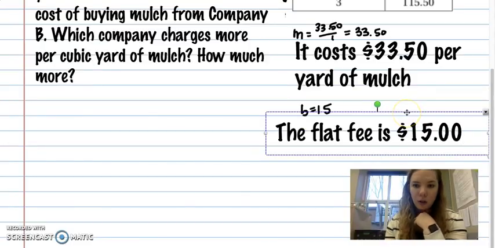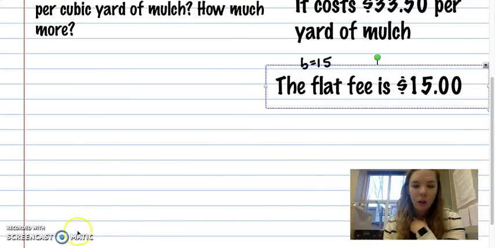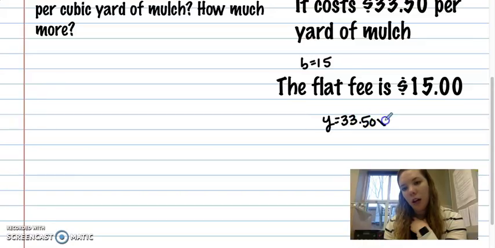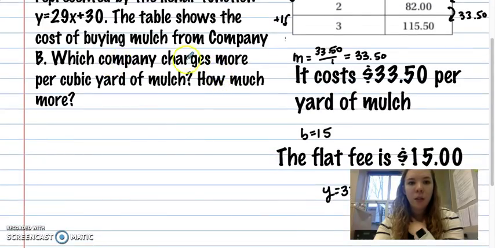So this equation would be y equals 33.50 x plus 15. Okay, then let's make sure we're answering our question. So it says, which company charges more per cubic yard of mulch?